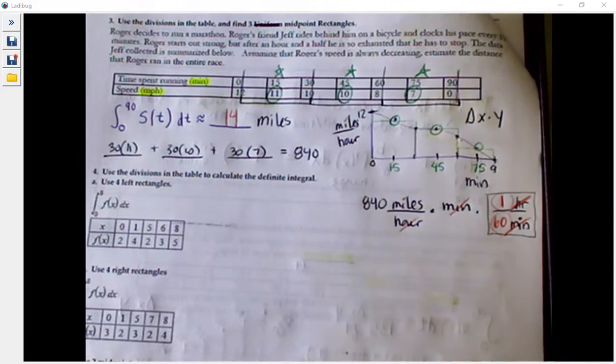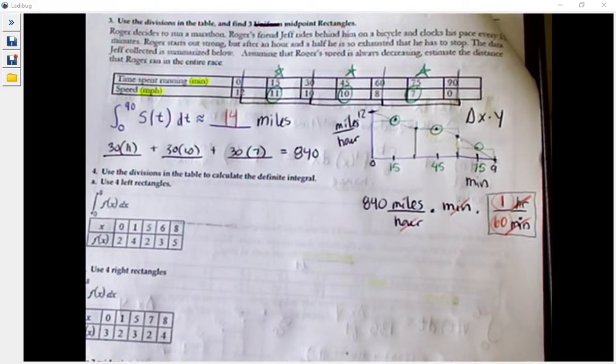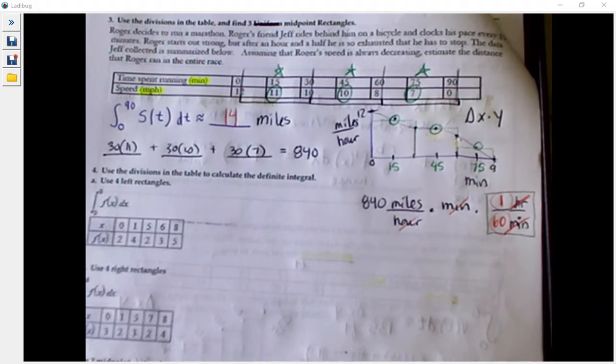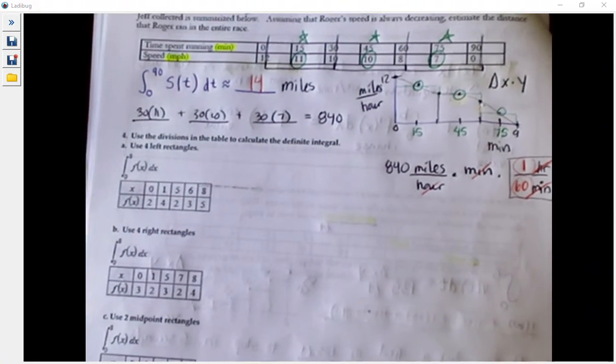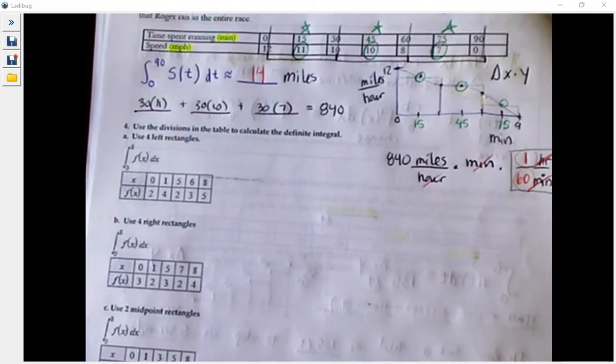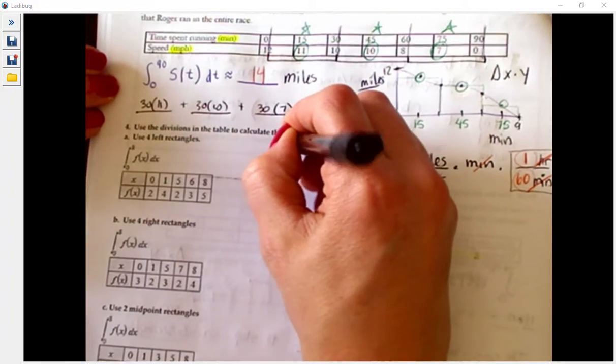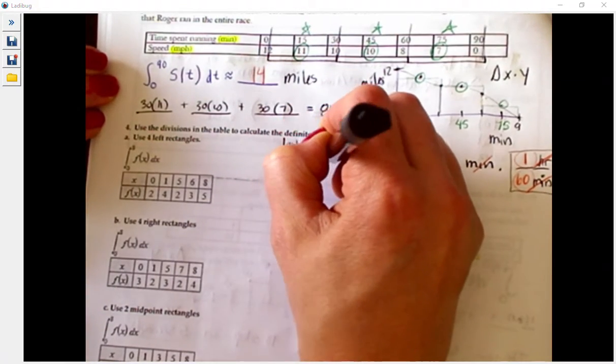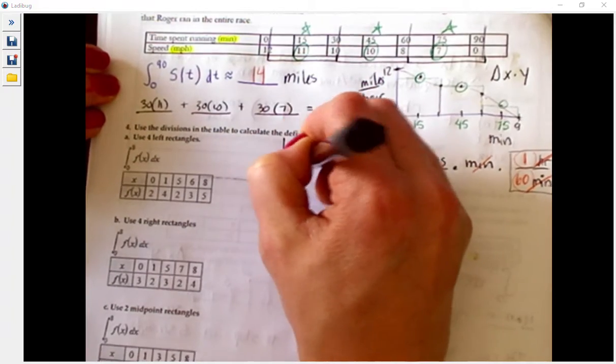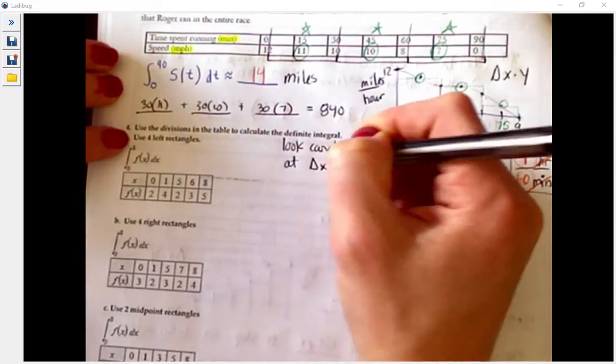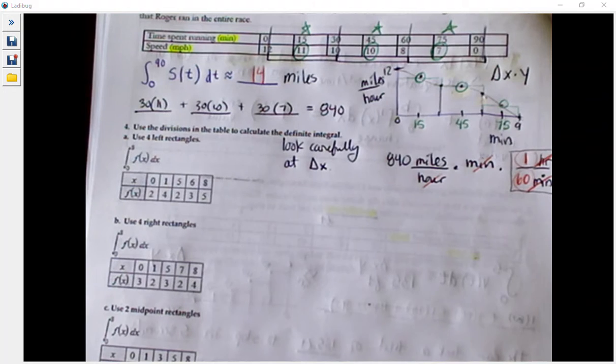All right. The next question has no units. On number 4, see if you can set up the right area calculations. Look very carefully at the delta x's. Now I told you how many rectangles to make.